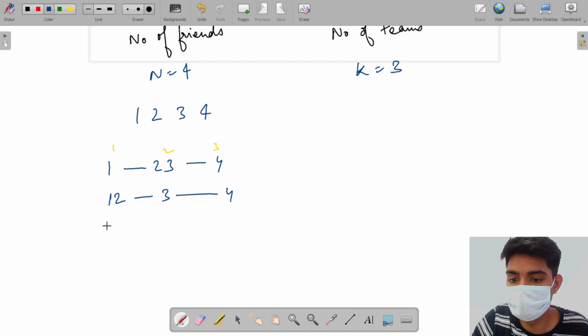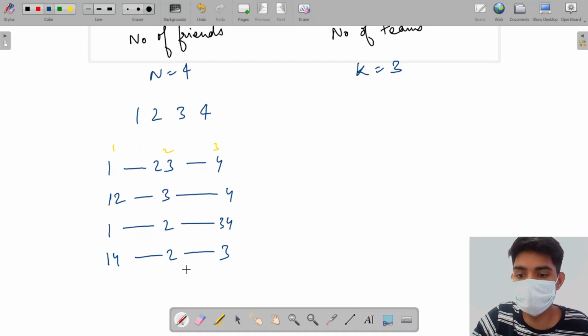I can also have 1, 4 as a team, and 2 and 3 alone, and so on.